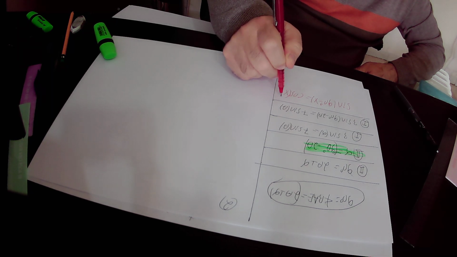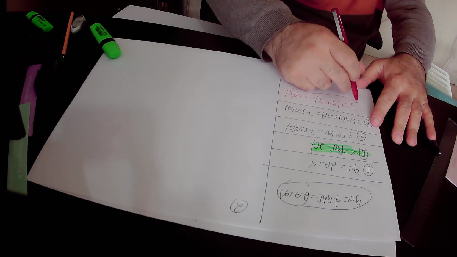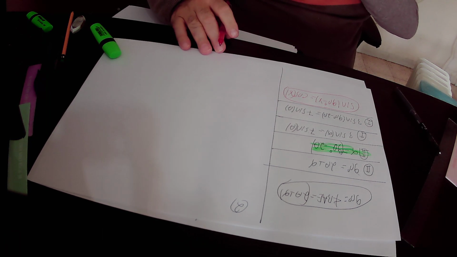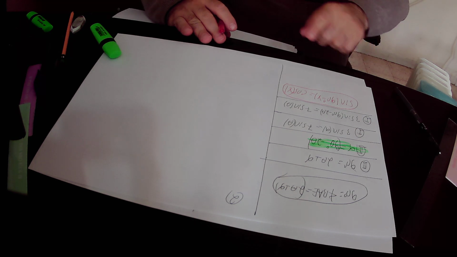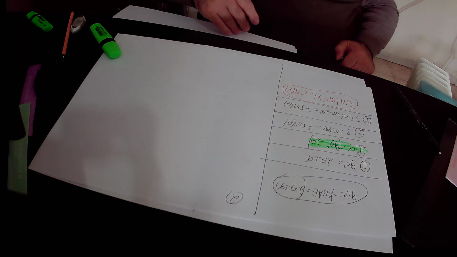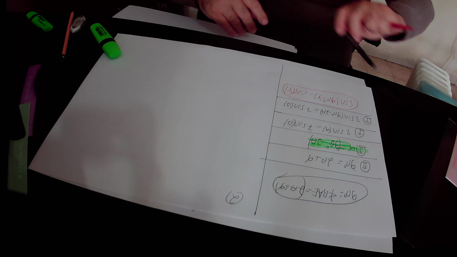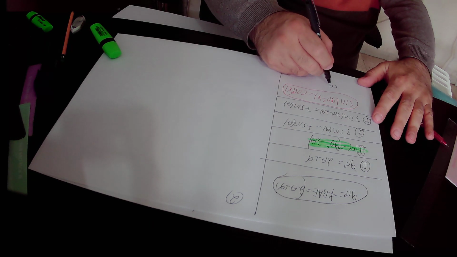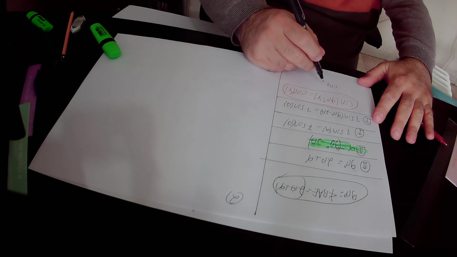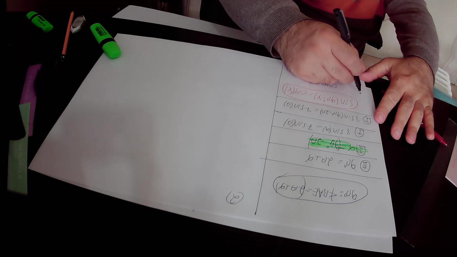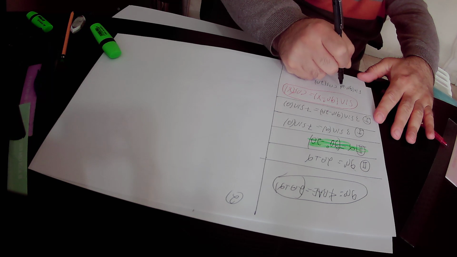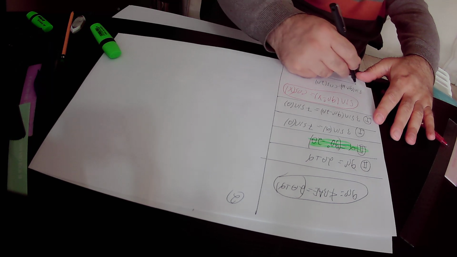We will use this identity to find the value of sine 90 degrees minus 2 theta, which will be equal to cosine 2 theta.